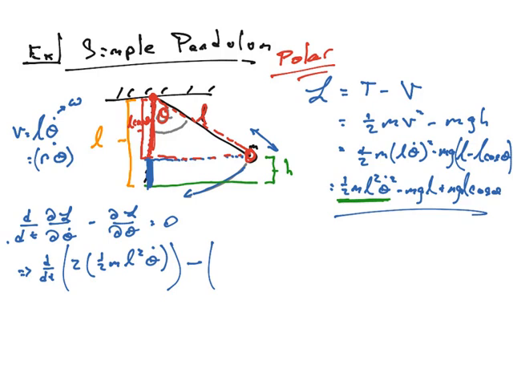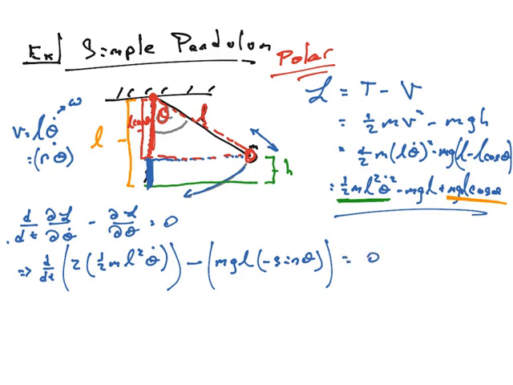Where does theta lie? Theta is right here. So it's the partial of that term with respect to theta, which is mgL. The derivative of cosine is minus sine theta. And that's equal to 0.